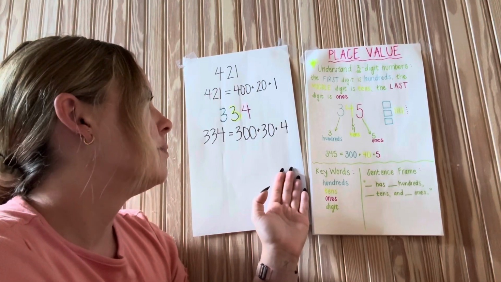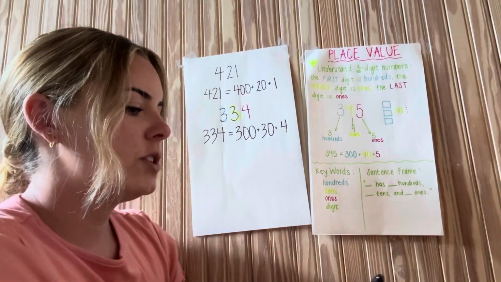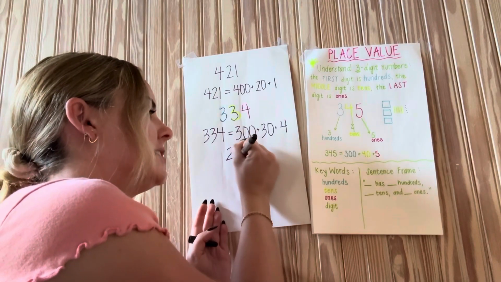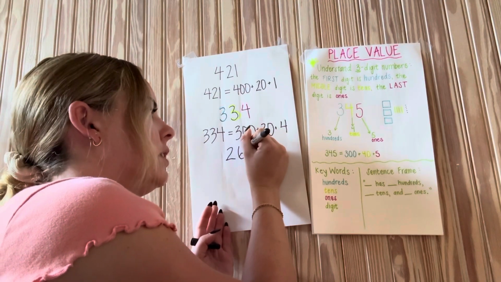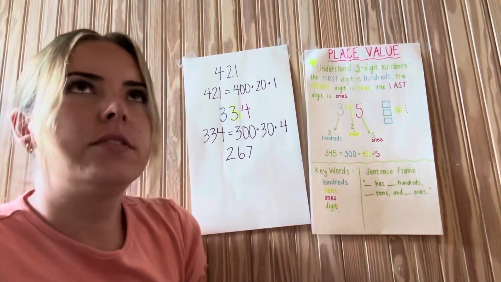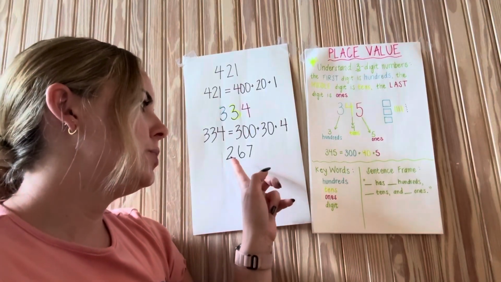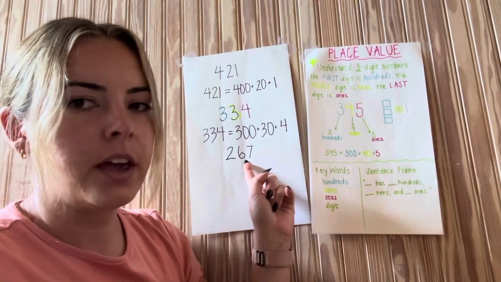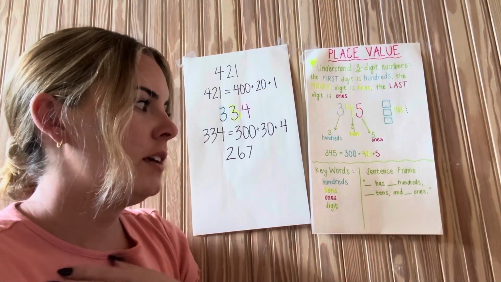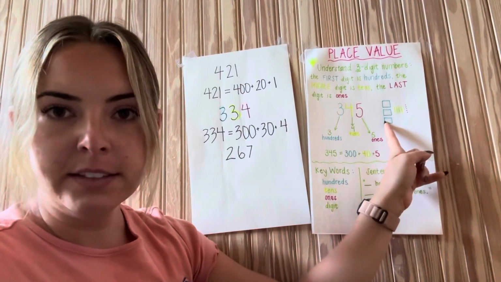So I'm gonna have you guys do a few on your own, all right? So let's look at the number 267. Okay, so I'm gonna give you a minute. I want you guys to think about looking at the number 267, okay? We learned how to find the place value of these numbers using our blocks, using the drawings, okay?